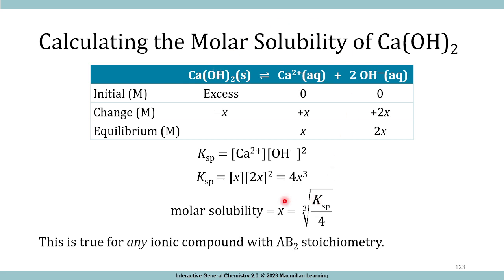And so my x here equals, I will go ahead and solve for x, so KSP divided by 4, and then I take the cube root, right? By the way, I have never used the cube root button in my entire life. Do you know how to do this without using that on your calculator?